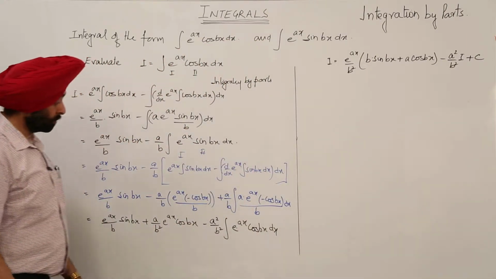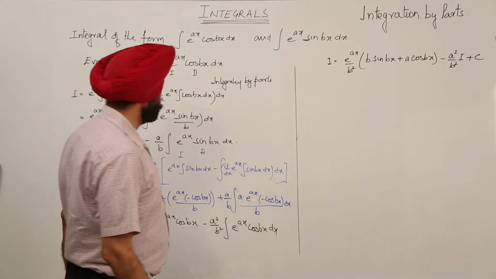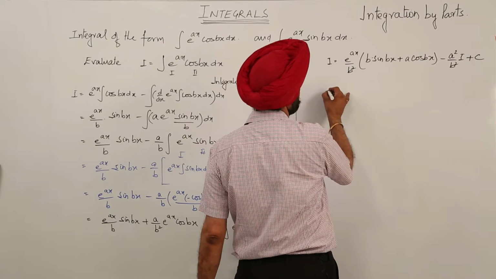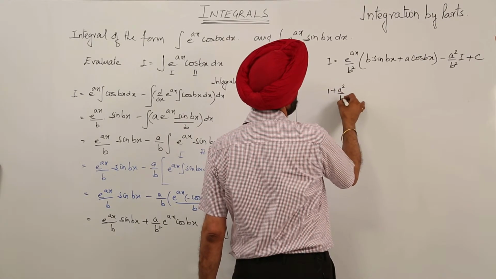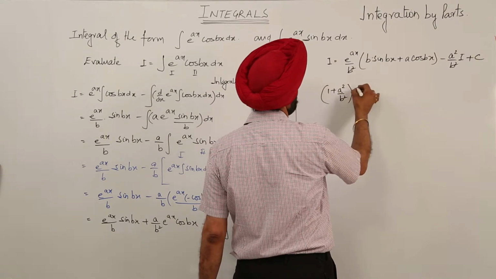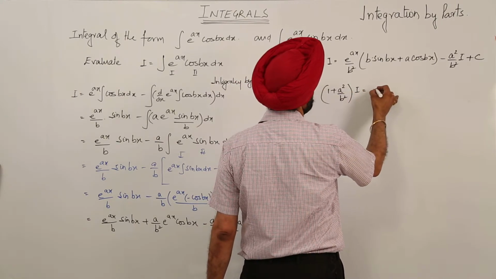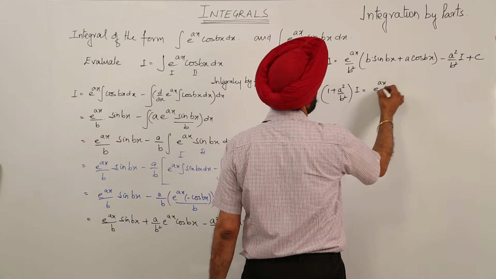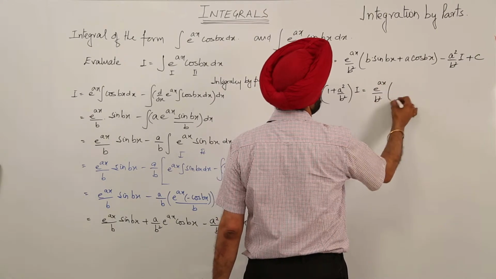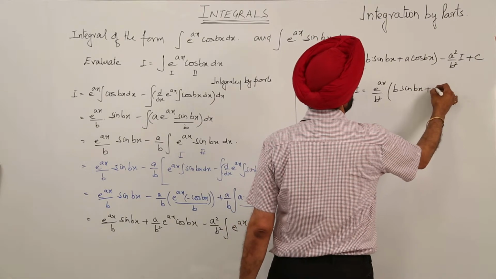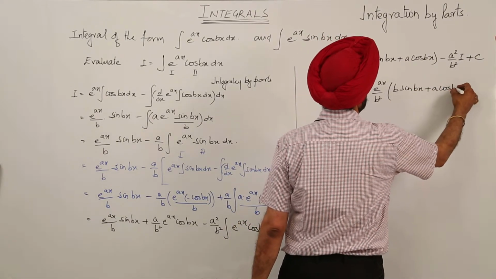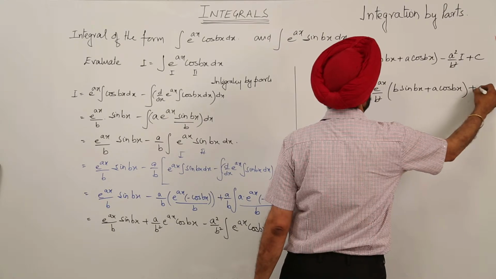Is it clear? Now this becomes 1 plus a square upon b square I is equal to e raised to power ax upon b square, b sin bx plus a cos bx plus c.